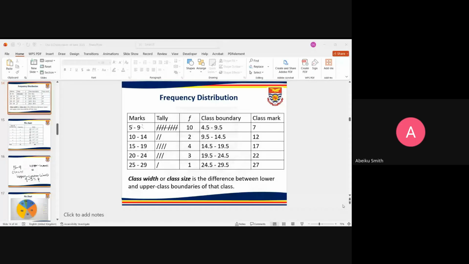Yes. I think we find on the frequency, I think the frequency is 20.